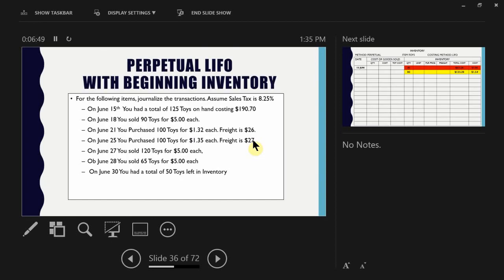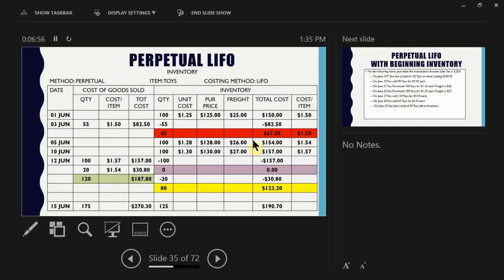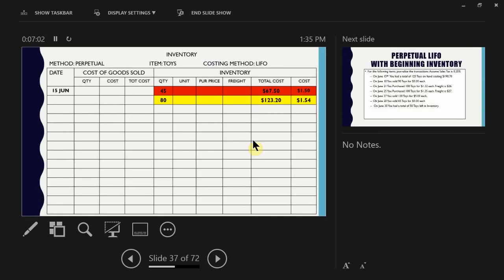So then what happens when you have beginning inventory? As you remember, I still had a remaining 45 batch and a remaining 80 batch. So I'm going to carry that over into my next section over here. Now I would put it on inventory on hand, but in this case, I don't have the space for it.